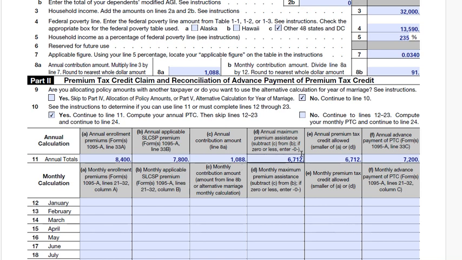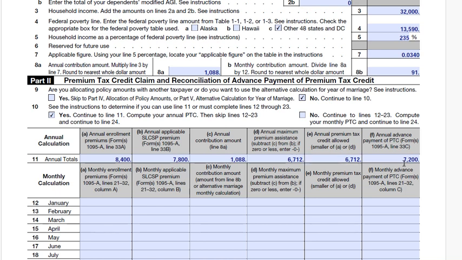And so now for year 23, for this particular tax situation, the government will subsidize $6,712 instead of $7,800. And then column E here is to input the smaller of A or D. A is 8,400, D is 6,712, so we have 6,712.